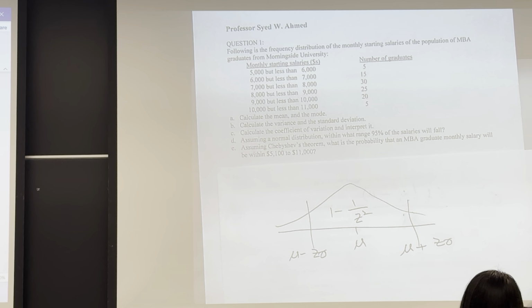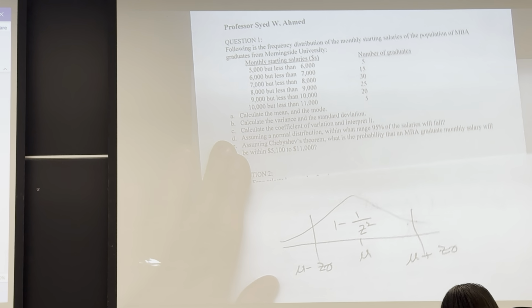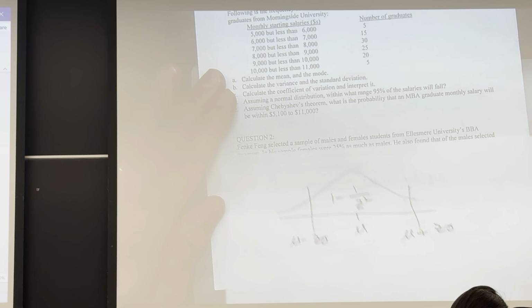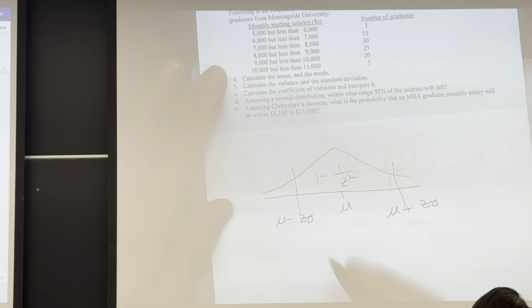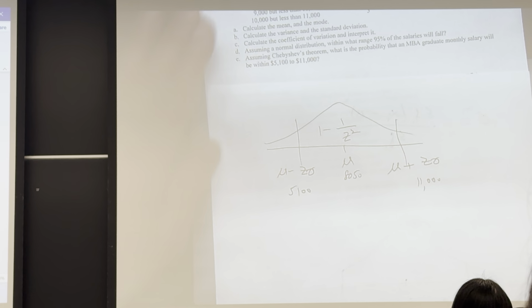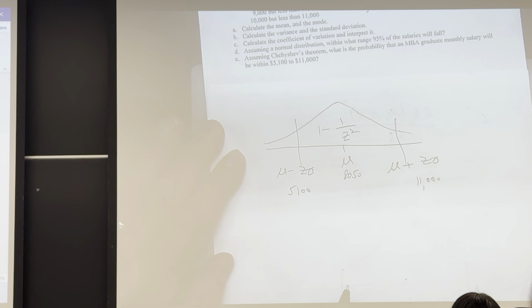Now, what's the question over here? Assuming Chebyshev's theorem, what is the probability that an MBA graduate's monthly salary will be within 5,100 to 11,000? This is 8,050. This is 5,100. This is 11,000. You can try anything.